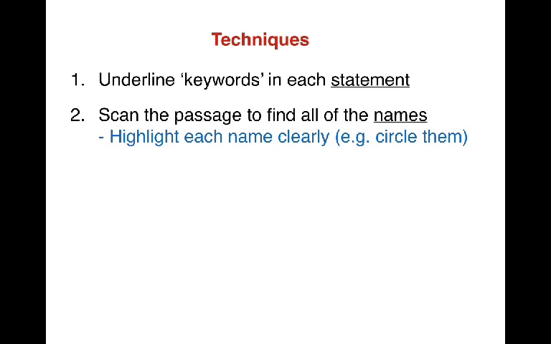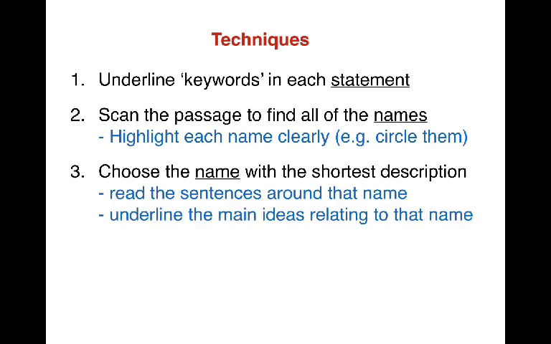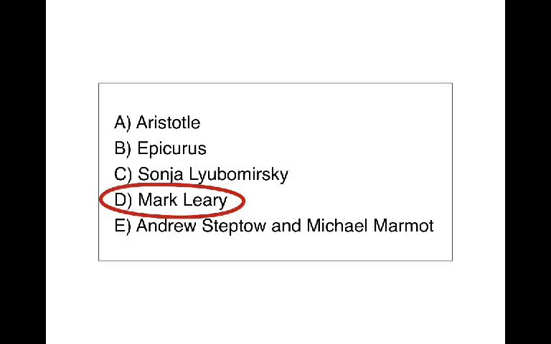Then we can go back to our next technique. Number 3, choose the name with the shortest description, read the sentences around that name, and underline the main ideas relating to that name. Well, when you look at the whole passage and where you've highlighted all the times that these names are mentioned, you should see that the name with the shortest description is Mark Leary.